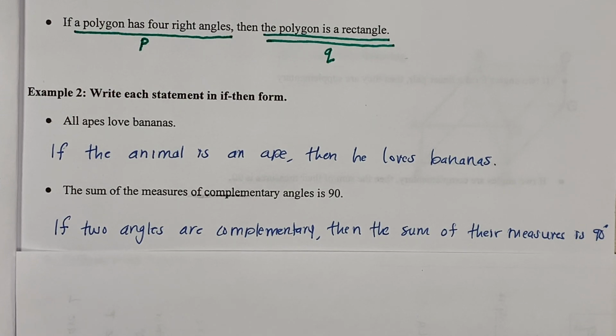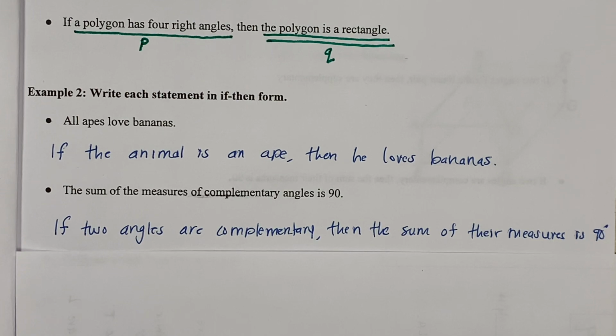Notice I changed the order around a little bit. Even though complementary is towards the end of the statement, I wrote it as part of the hypothesis. A second way you could have written this, if the sum of the measures of 2 angles is 90 degrees, then they are complementary. So there are a couple of different ways in which we could write each statement in which it would be correct.